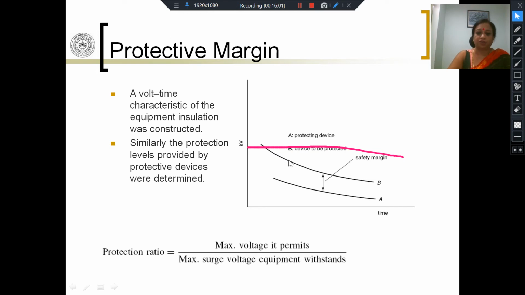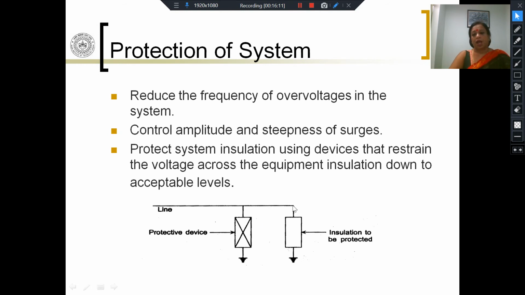So if we go back to the previous slide, what this means is, I apply a particular voltage V here, and this is programmed to break down at a voltage VA, and this is programmed to break down at a voltage VB. VB is a higher voltage, VA is a lower voltage.